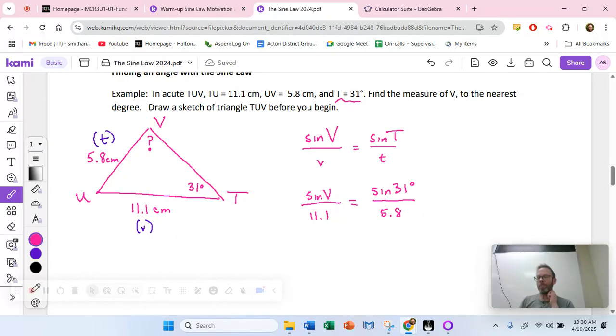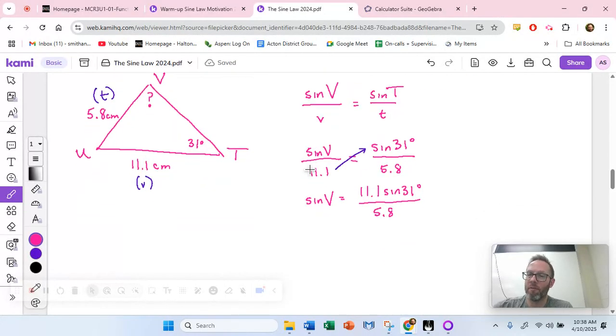The only thing is here, when we do our crisscross applesauce, and this is why I like putting sine V on top, just like last time, I just have to move the 11.1 up as multiplication. So it's 11.1 times the sine of 31, whatever that is, divided by 5.8. The only difference finding angles is that doing this cross multiplication doesn't give us the answer right away.